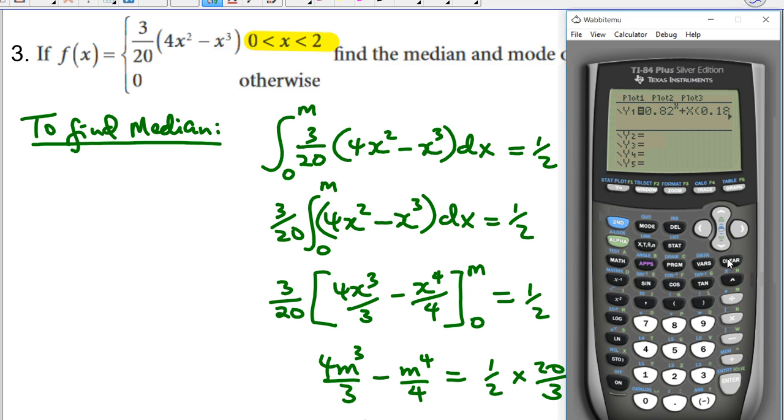If you go y equals, and just plug in the function, alpha y equals 3 over 20, 4x squared minus x cubed. So what I'm going to do is just change the window.